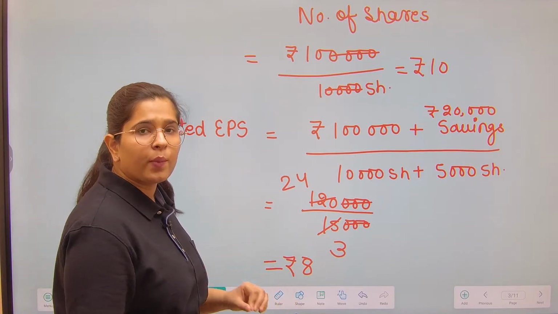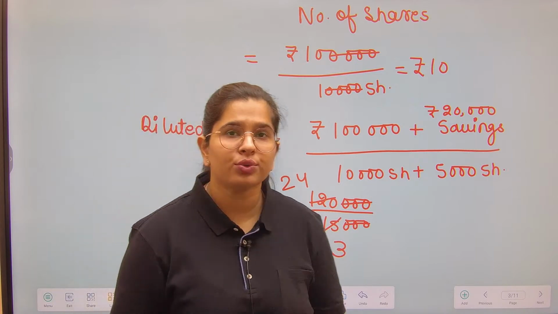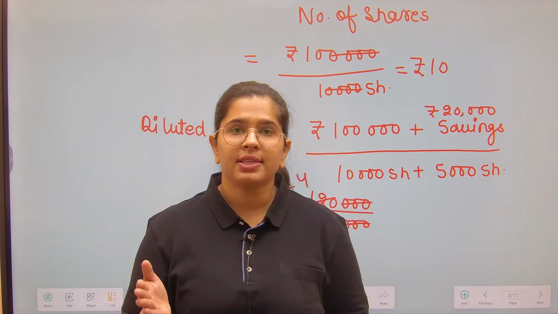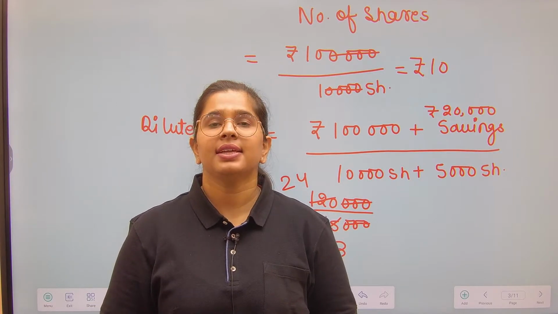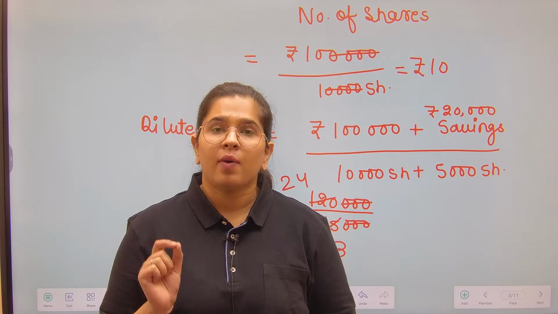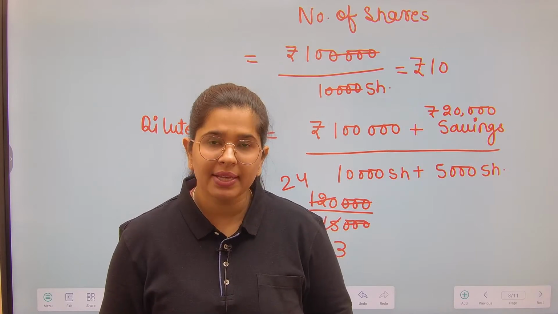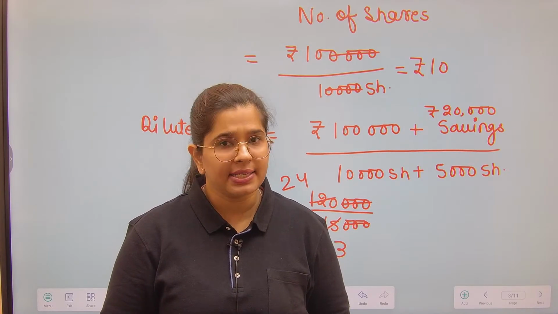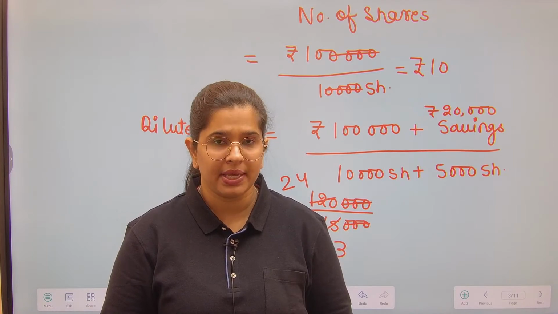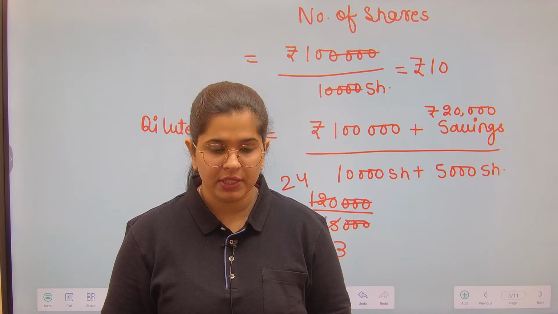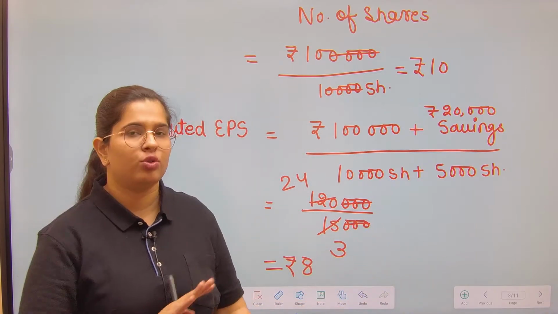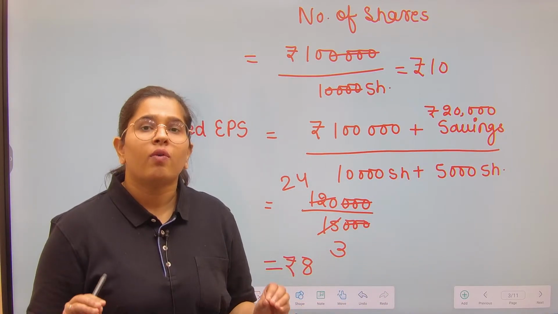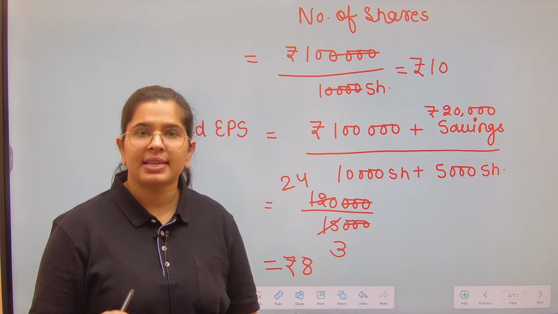Now the point I am going to tell you is that diluted EPS always remains lesser than your basic EPS. This is the line which you should remember. So please understand both of these. Nobody is going to ask you to calculate diluted EPS, but please just understand the concept.